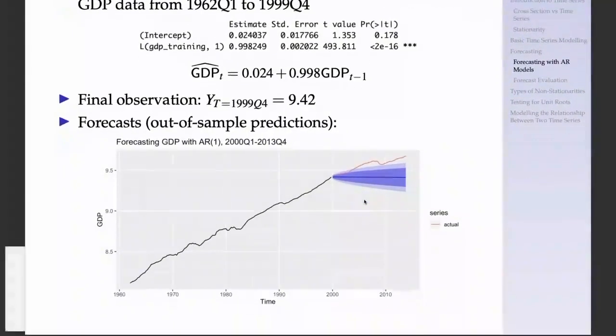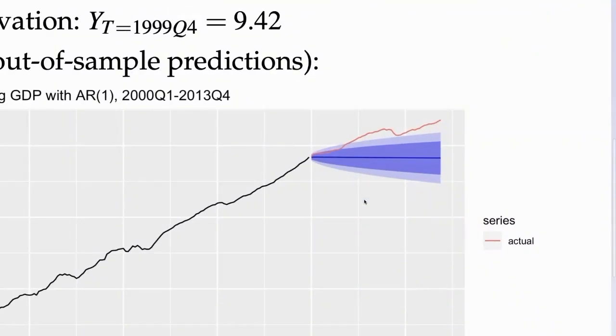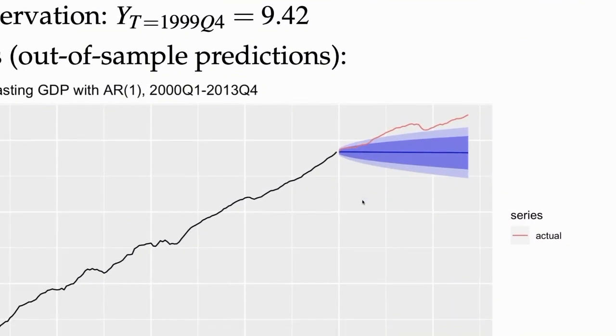And immediately we can see that the forecast performance is very different for a non-stationary series compared to a stationary one. First of all, we can see that the red line is getting further and further away from the shaded area as the forecast horizon increases. And most of the red line doesn't actually fall within the shaded area.